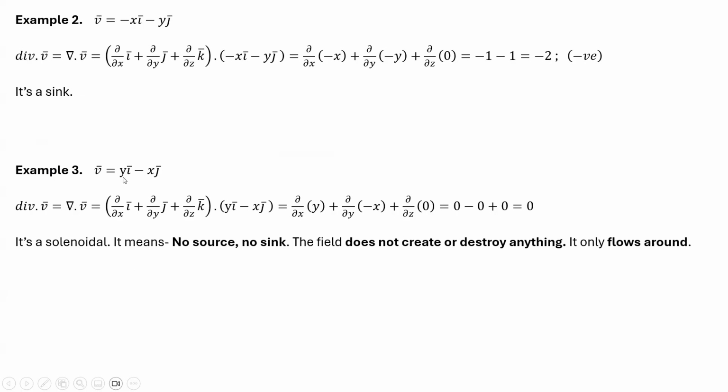So we have been given this function, y i cap minus x j cap. We'll set up the formation, do the partial differentiation, and ultimately we got 0 over here. Since we got 0, that means this is solenoidal, so there will be no source, no sinks. Nothing will be generated, nothing will be absorbed from the system. So it will flow around only, right?